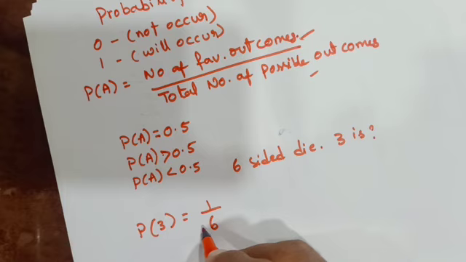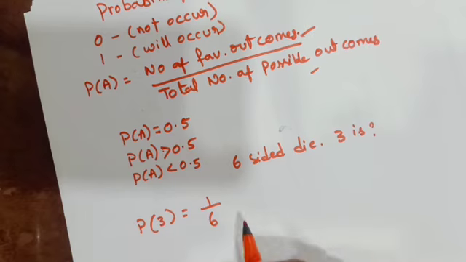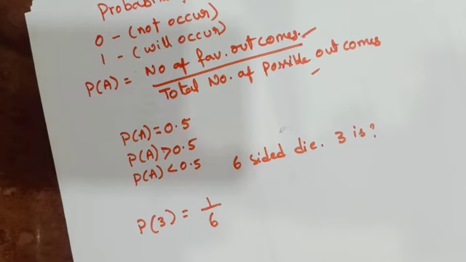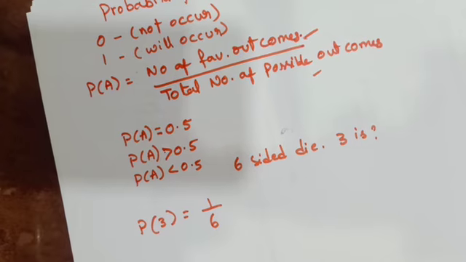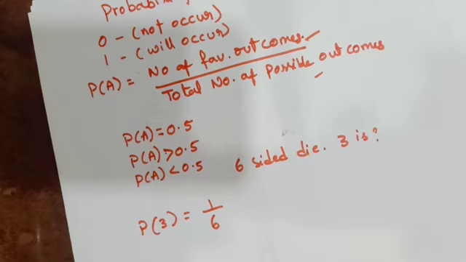Favorable outcomes for this particular problem will be rolling a 3, definitely 1 outcome, and total possible outcomes will be 6 outcomes.